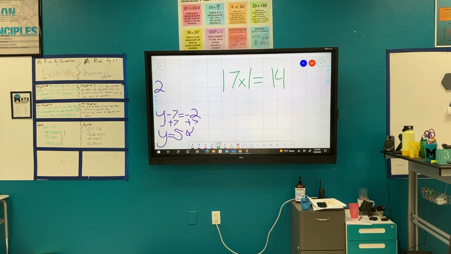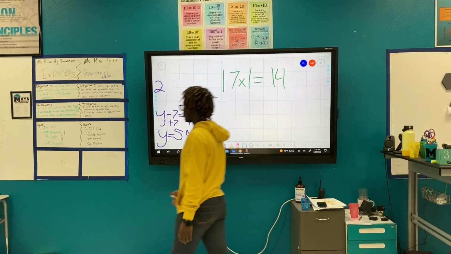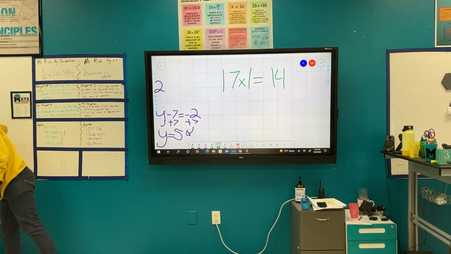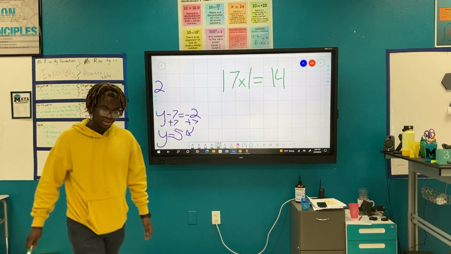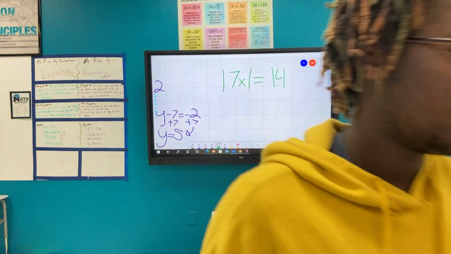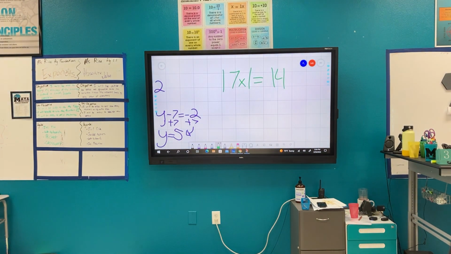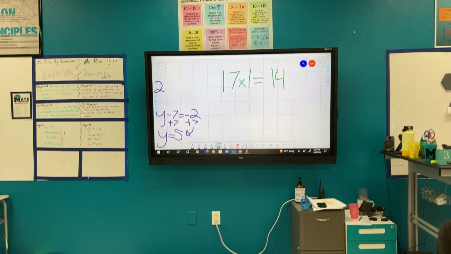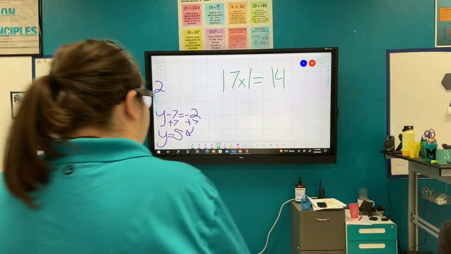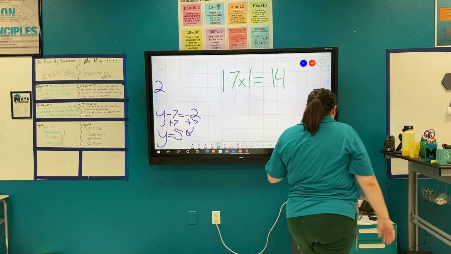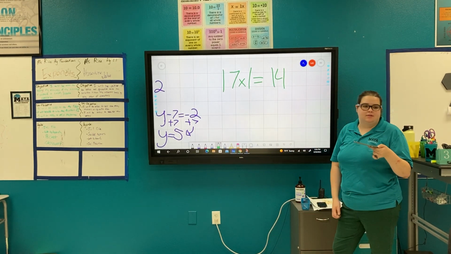We add 3. What's 3 minus 3? The other side. What's 8 plus 3? And also on this side, what's negative 8 plus 3? Okay, you guys have 10 seconds left, so write down your final thoughts.